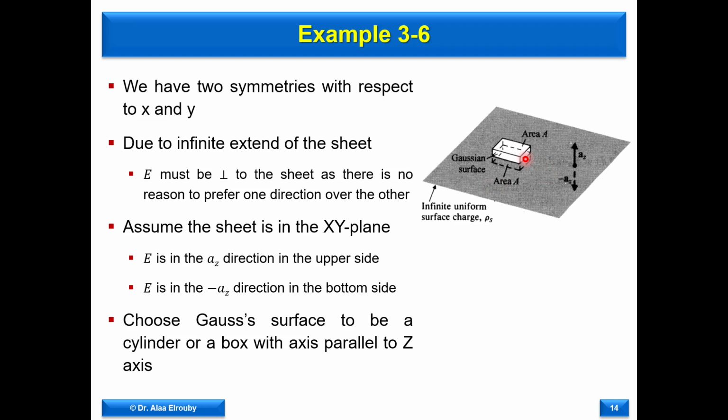Here it is in the x direction, here in the y direction, here in the negative x direction, and here in the negative y direction. So for all the sides, dS and the direction of the electric field are perpendicular. So the integration along the sides will give 0, and we are left with only the integration on the top and bottom.